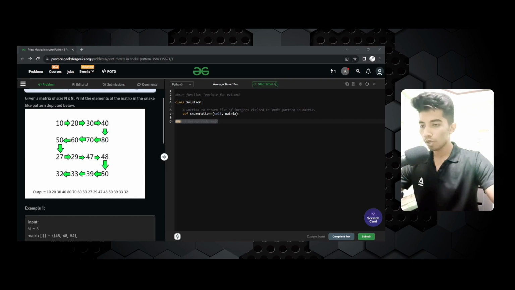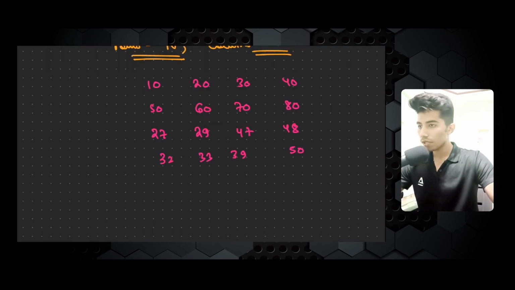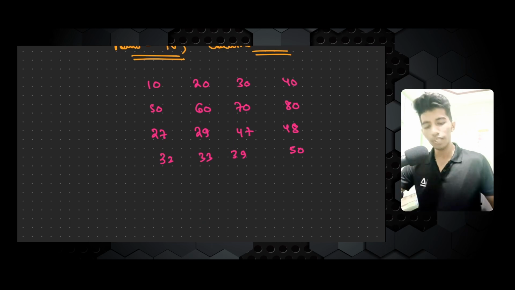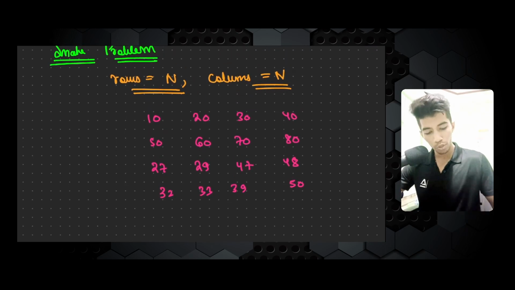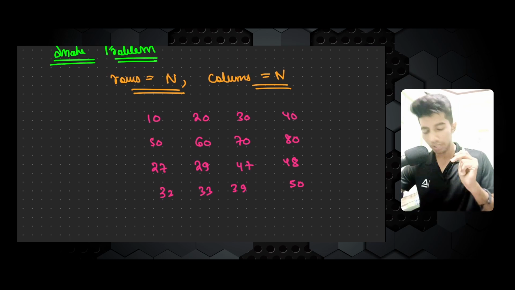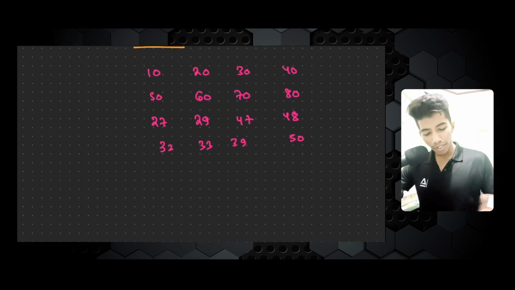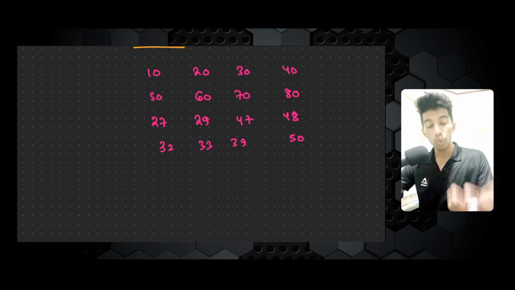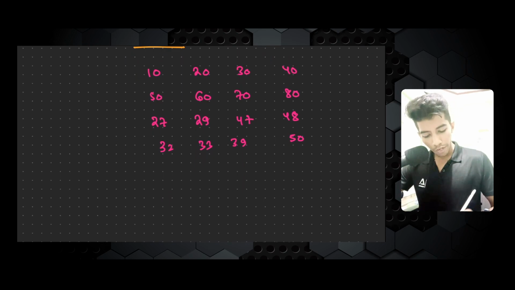Now we will move again to our screen. Okay, so now you can see this is the basic problem, and you have to iterate over this. How is this question different from the thing which we have just done? What you are seeing here is that we are iterating in the basic approach which we have just coded.